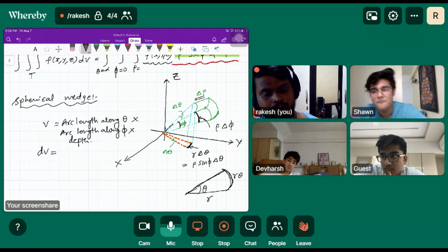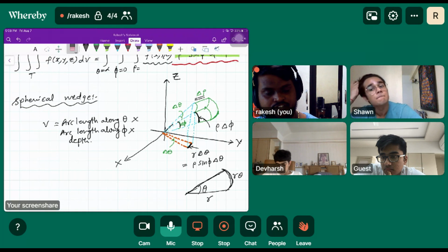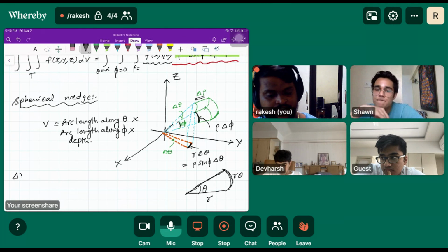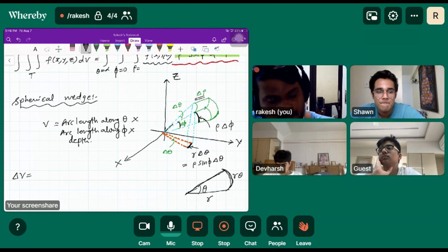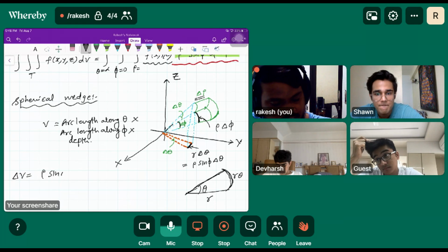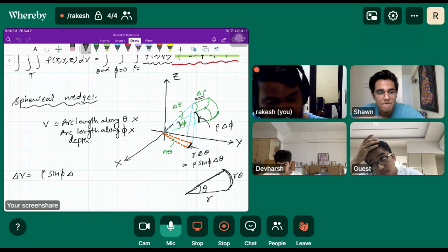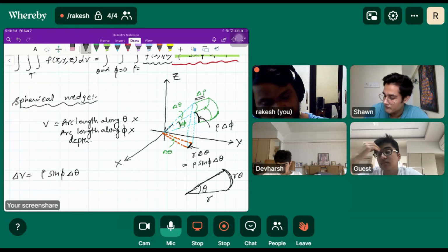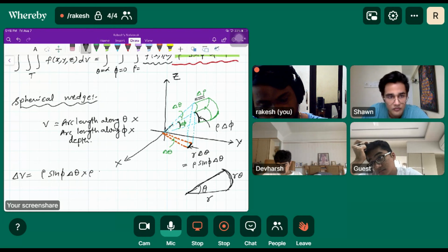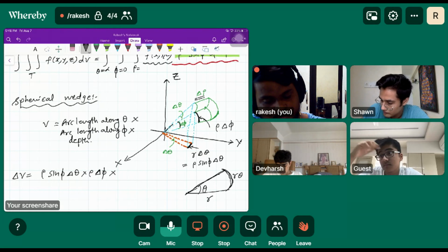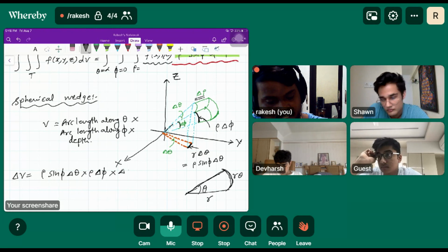So if I write all these entities for change in volume, that would be rho sine phi delta theta, into rho delta phi, into delta rho.